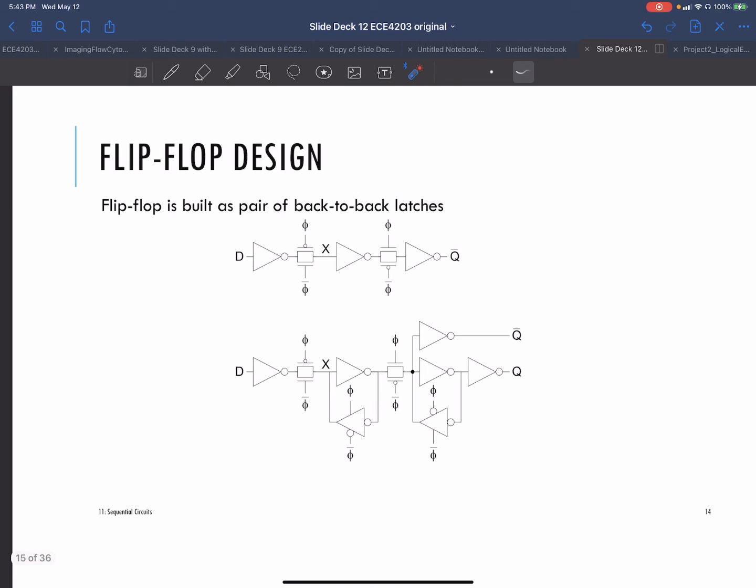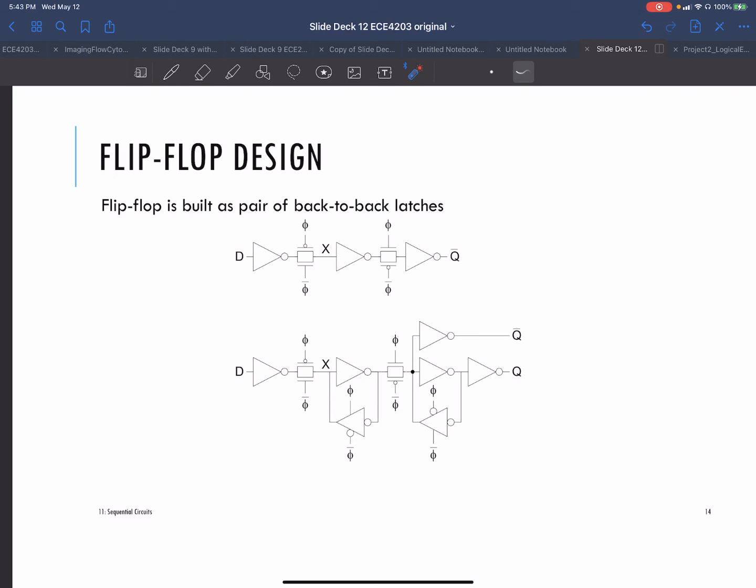Okay, so it turns out that flip-flops get quite a bit more complicated than a latch. A flip-flop really looks like two latches back to back. And this functionality creates something that's edge triggered. I've always had a hard time figuring out why edge triggering is important.